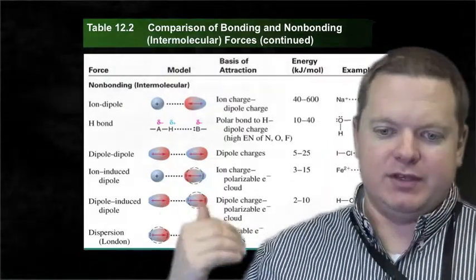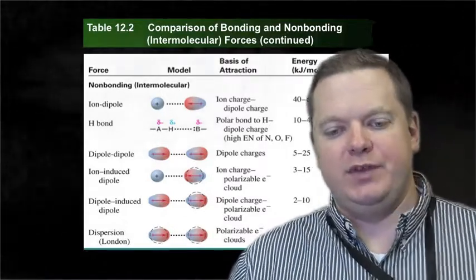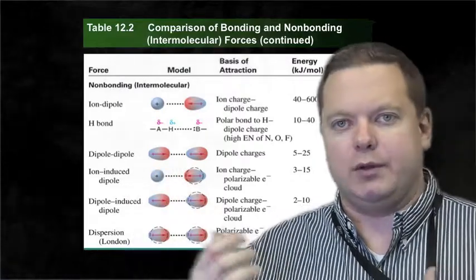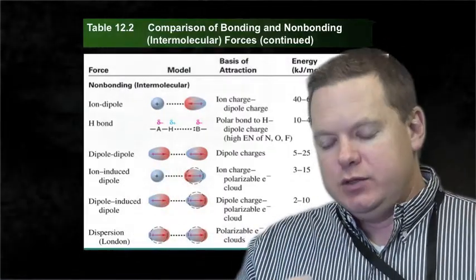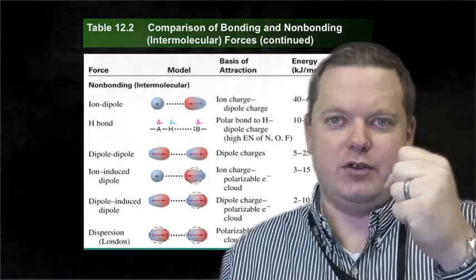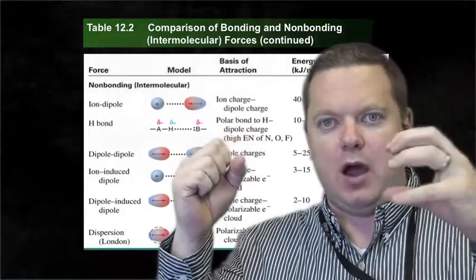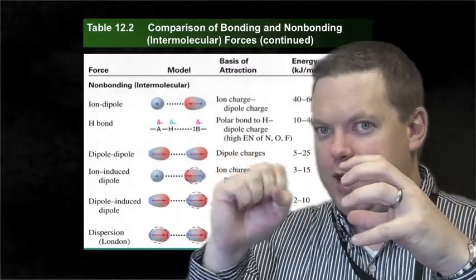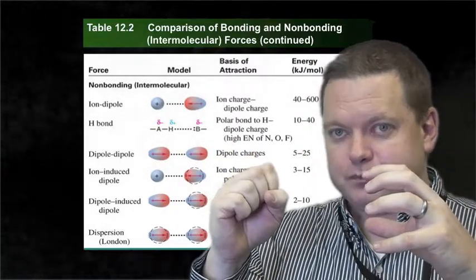Right. If we move down the list to a slightly weaker force, we see that we have this ion now with something that's traditionally not polar, this induced dipole. So what we're doing is the presence of this charge, the plus or the minus, as it comes in contact or close proximity to another atom that's not polar, right?